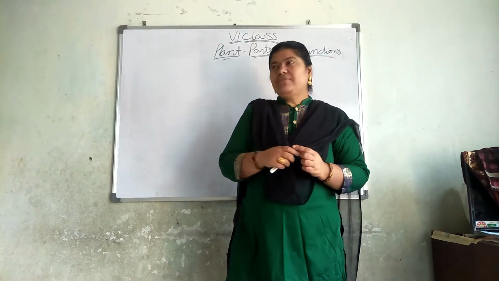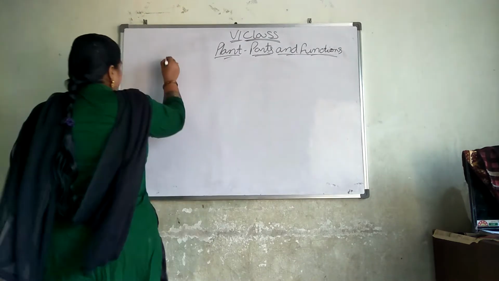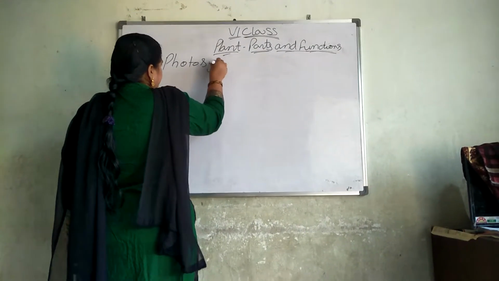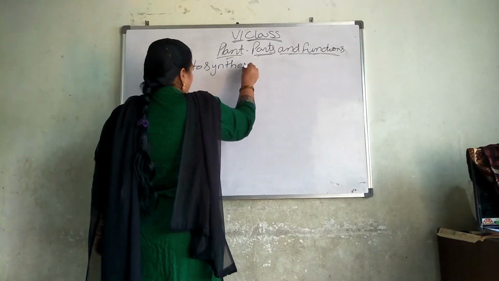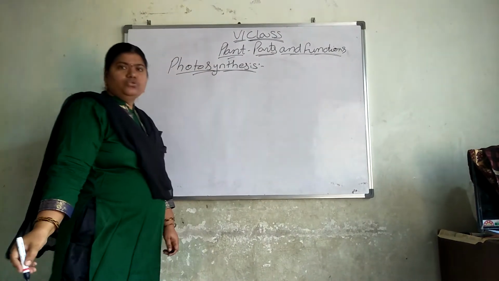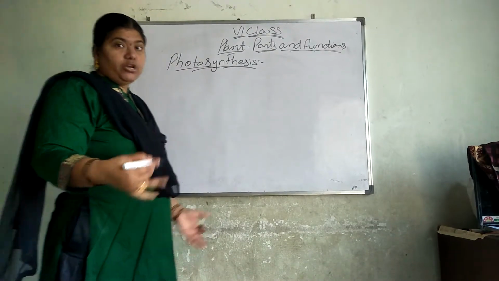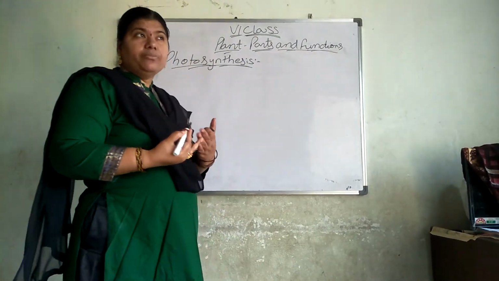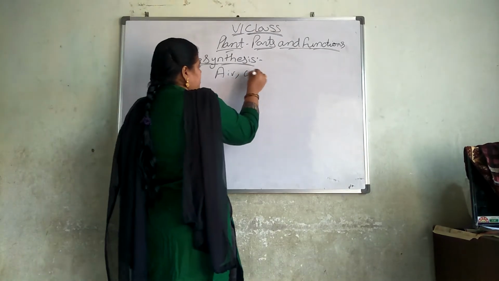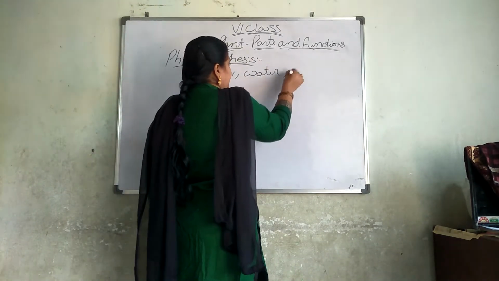Okay. Then today our topic is photosynthesis. What is photosynthesis? What is the process of photosynthesis? To do photosynthesis, what are the main things needed? Air, water, sunlight.